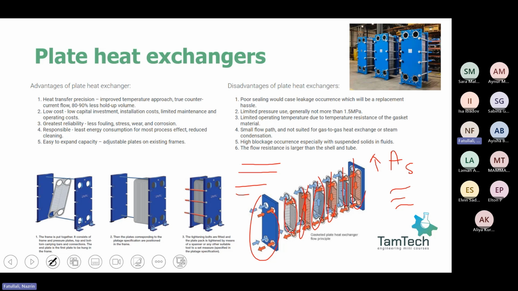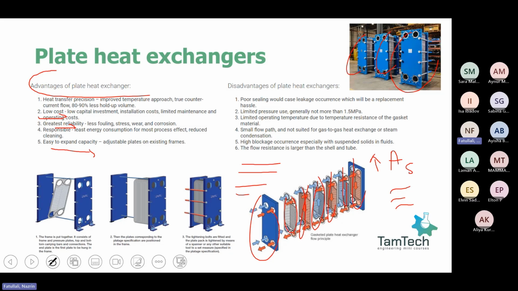But they also have advantages, as you can see here: low cost, reliability, capacity. It looks really useful, and if we compare it with the shell and tube exchanger, it's really compact. But coming to disadvantages, they have real limitations in industry.